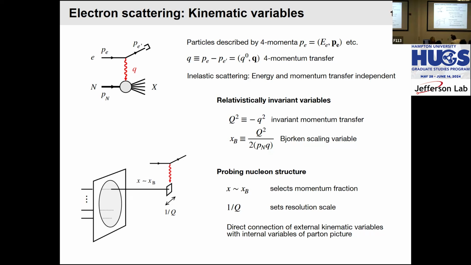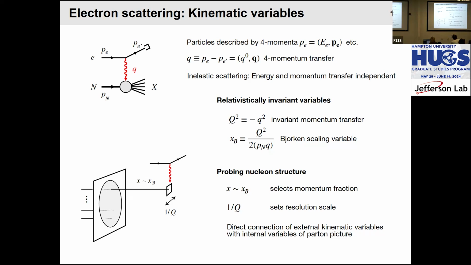And in leading order of the electromagnetic coupling, this interaction between the electron and the hadron happens through what is called virtual photon exchange. More formally, what is probed in the hadron is the transition matrix element of the electromagnetic current operator between the initial hadron state and the final hadron state.